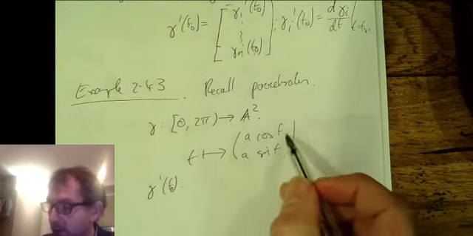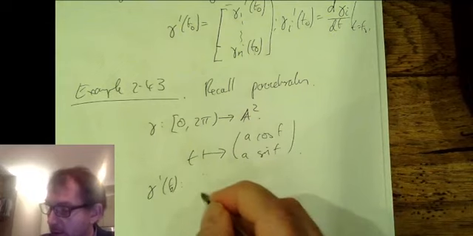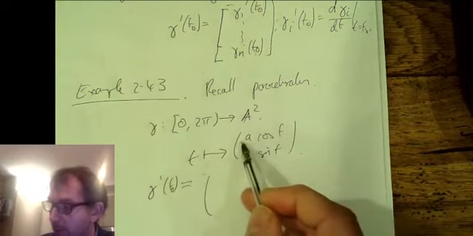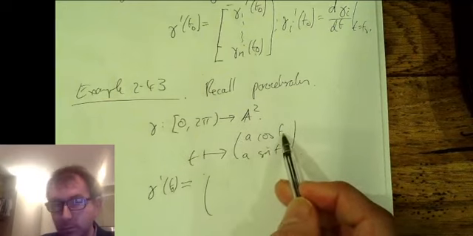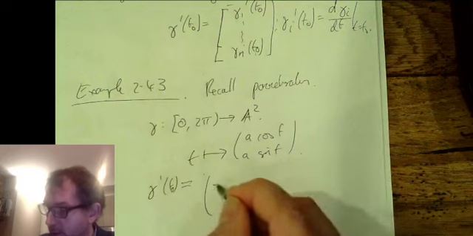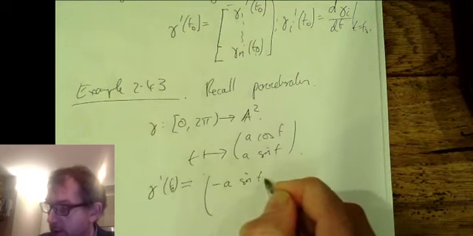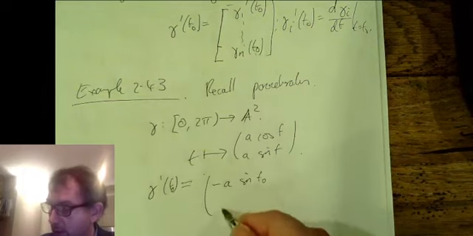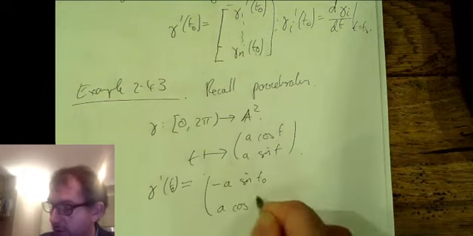So what do we get? We get, of course, minus a sine t0 and then a cos t0.